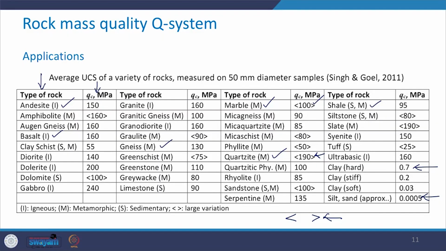Like that you can take the example of quartzite, whose value varies quite largely, around 190. Similarly, for hard clay it is 0.7 megapascal, and if you have silt, sand, and approximately all these materials, then you will have this low value of UCS. So, this gives us the idea about the UCS.